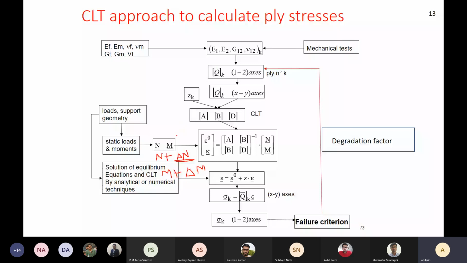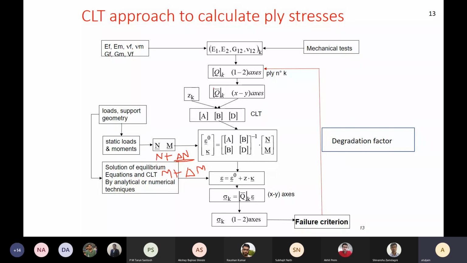In the next time increment, my load is N plus delta N, M plus delta M. And then again do the failure criteria, again calculate the stiffness. And this loop will keep on going till I reach the M that I wanted to reach, or if my loss of stiffness is sufficiently high to say that my laminate has failed.